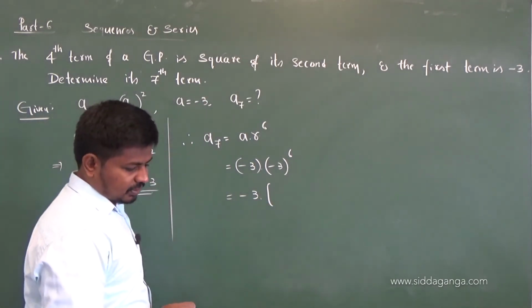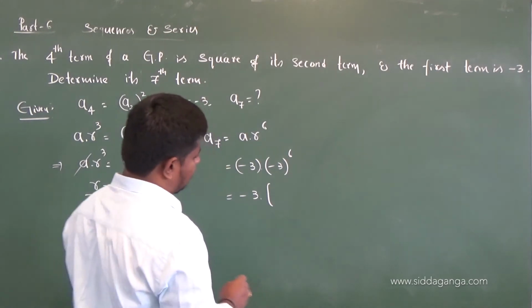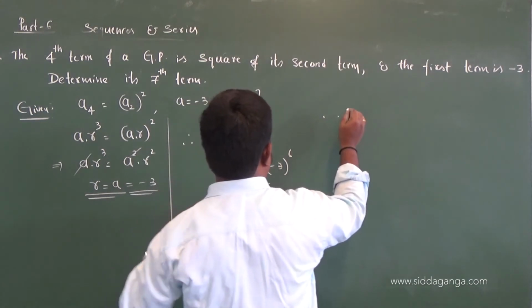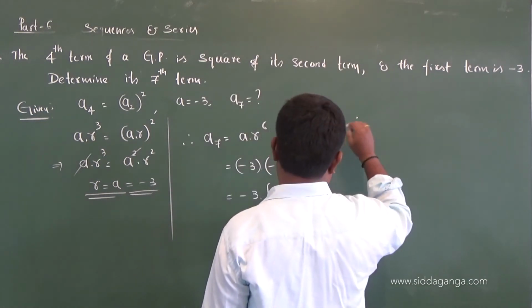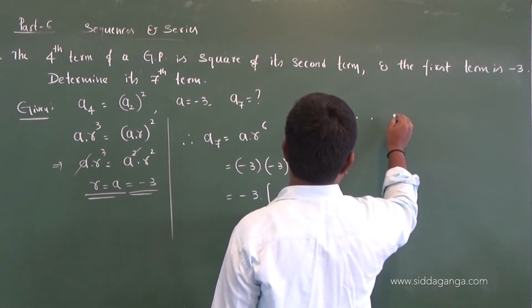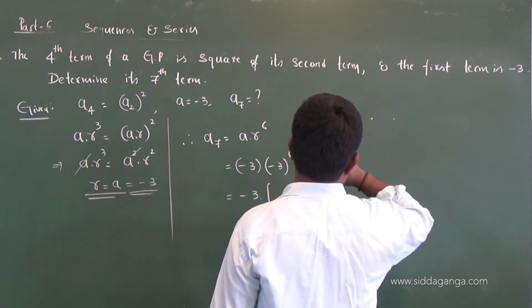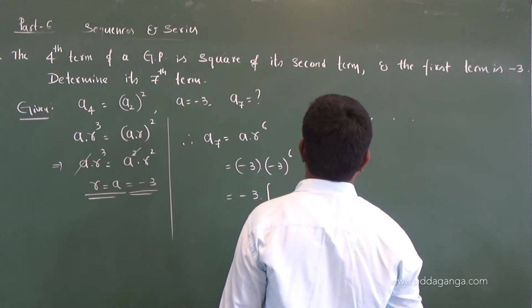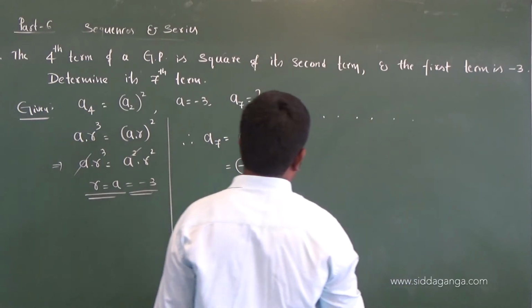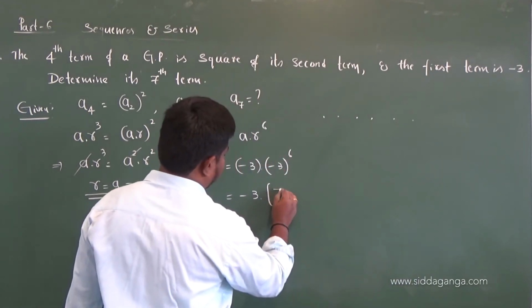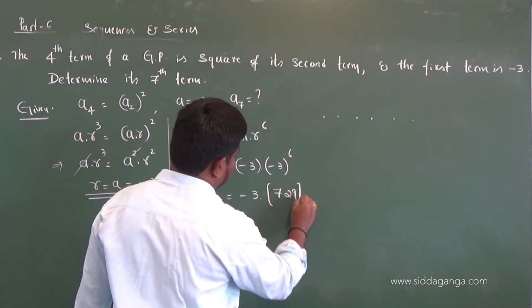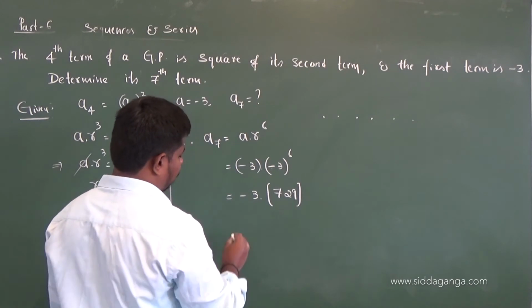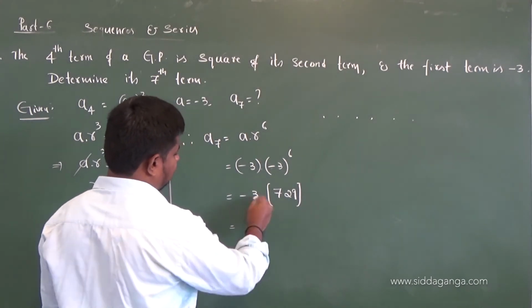So 3 power of 6 is what? 3 3s are 9, 9 3s are 27, 81, 243, and 729, right? It is plus 729 because we are multiplying the negative sign an even number of times. So it gives what? Minus 3 into this.